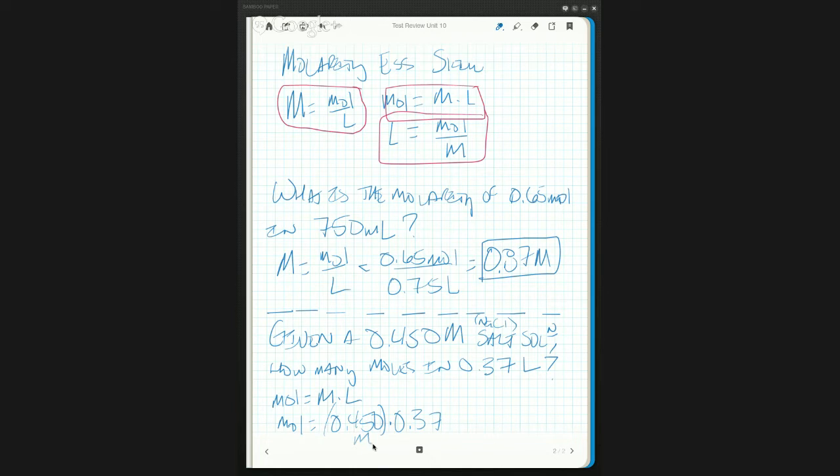I should have used units: molarity and liters. And so 0.45 times 0.37. Using sig figs, we only have 2 sig figs, so 0.17 moles. Okay, I think I did that right.